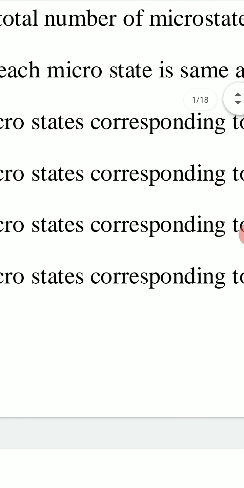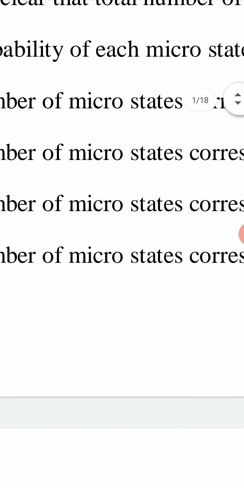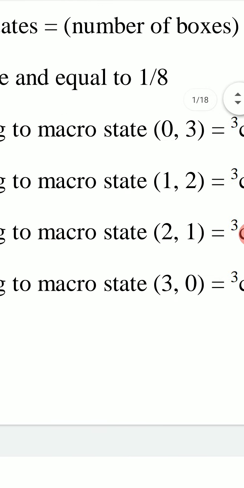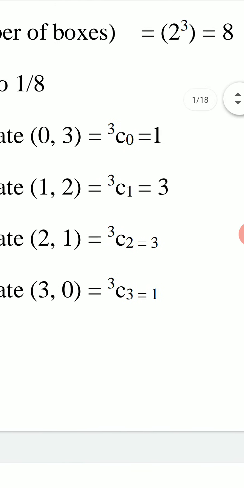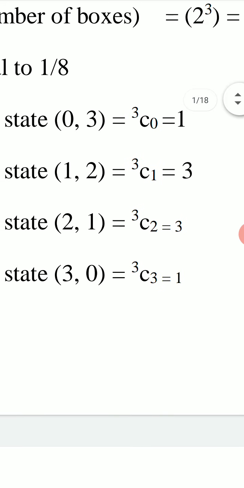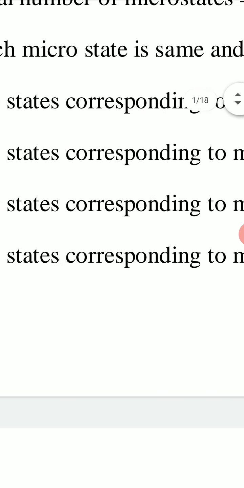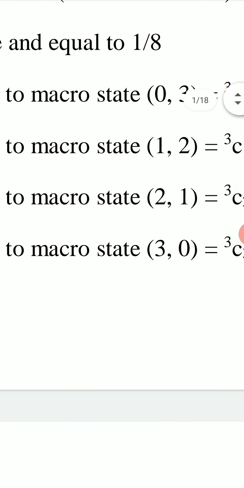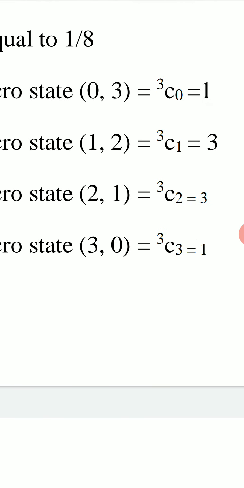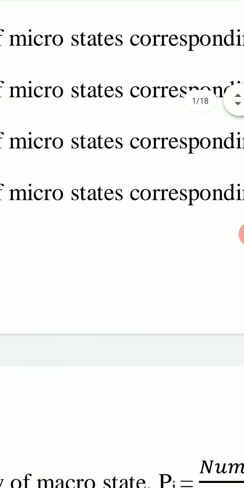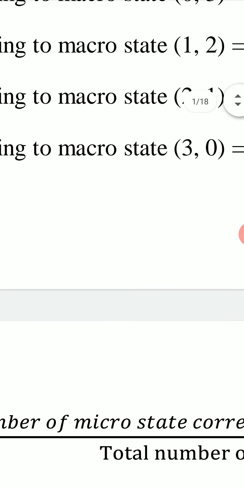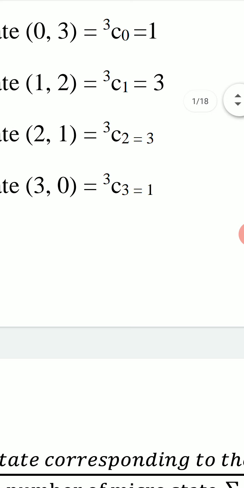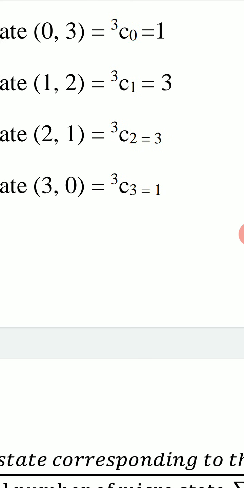Similarly, the number of microstates corresponding to macrostate 1 2 will be given by 3C1 and it will be equal to 3. The number of microstates corresponding to macrostate 2 1 will be given by 3C2 and it will also be equal to 3, and the number of microstates corresponding to macrostate 3 0 will be 3C3 and it will be equal to 1.